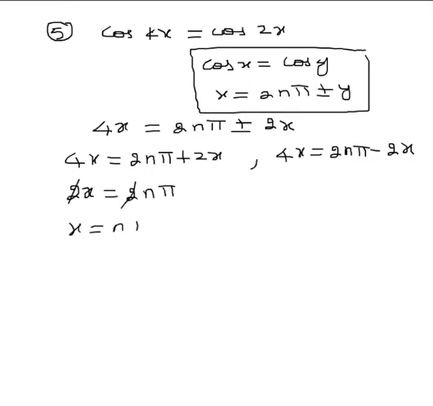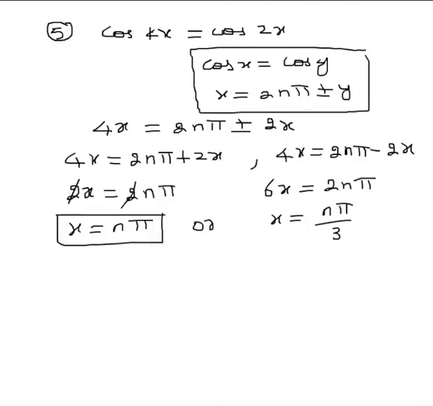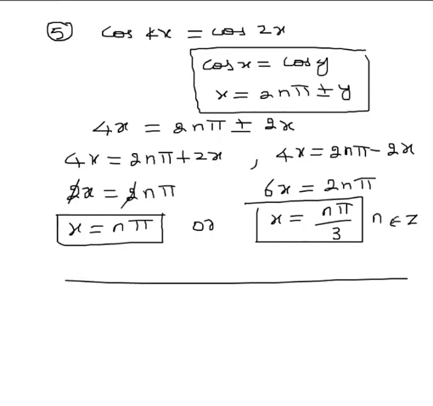So we get one of the answers as n pi, and here 6x, that is taking minus 2x to this side, and we get x is equal to n pi by 3. So we can write therefore the solution is x is equal to n pi or x is equal to n pi by 3, where n belongs to z.